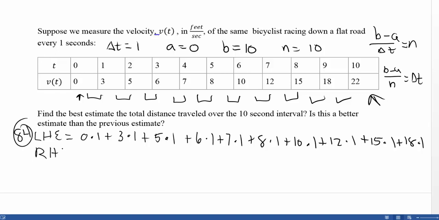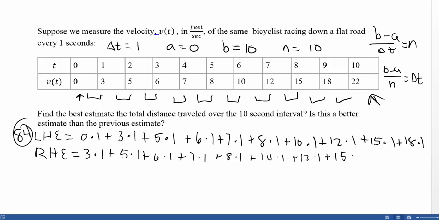If I do the same thing now for the right-hand estimate, for each 1 second interval, I'm going to pick the rate on the right. So I'm going to use every single rate except for 0 because that's the leftmost rate. So I have 3 times 1 plus 5 times 1 plus 6 times 1 plus 7 times 1 plus 8 times 1 plus 10 times 1 plus 12 times 1 plus 15 times 1 plus 18 times 1 plus 22 times 1.